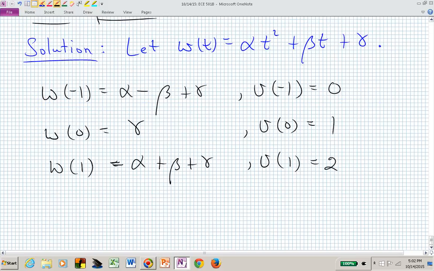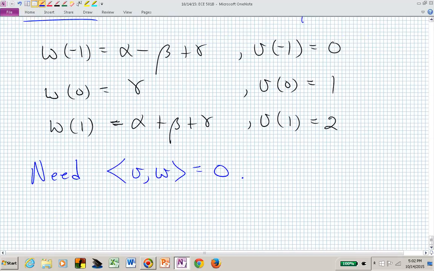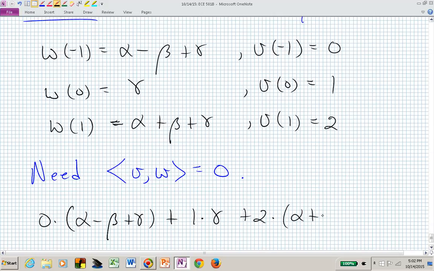And what we need for orthogonality is for the inner product of V and W to be 0. Now we just do this pairwise product with the different V's and W's. We have 0 times alpha minus beta plus gamma, the first term in our inner product formula. We have 1 times gamma, and 2 times alpha plus beta plus gamma.